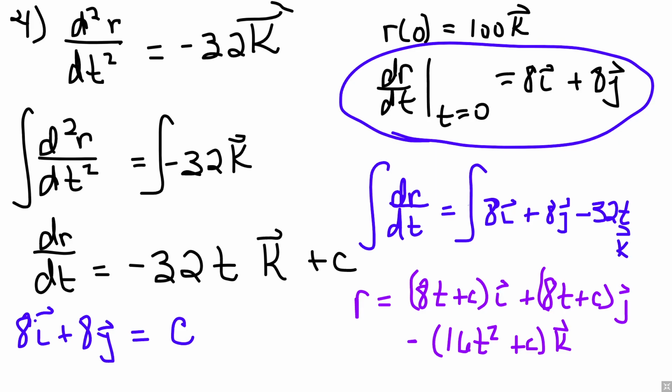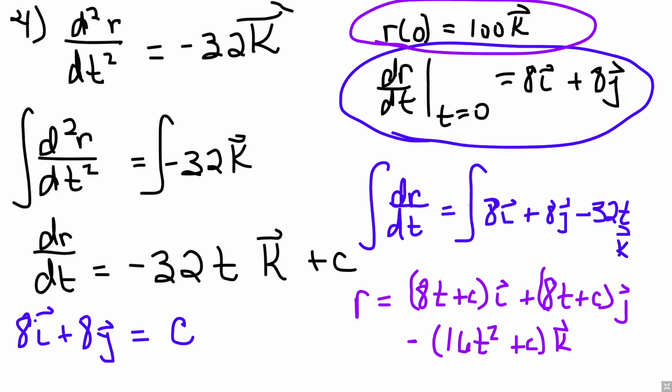And now we're going to use the other initial condition. In place of r of t, we're going to put in 100k.